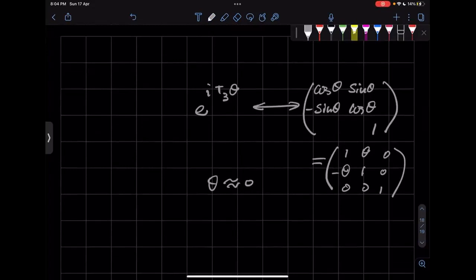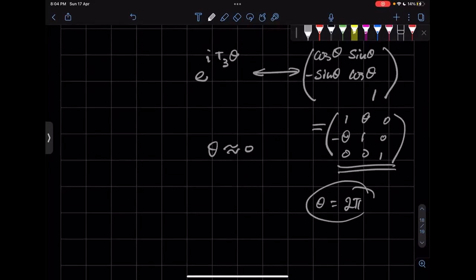But now if you take theta to be, say, 2 pi, then you're back to the original point, the identity. So you've gone too far. But if you take theta to be pi, then you are as far away as you can be.